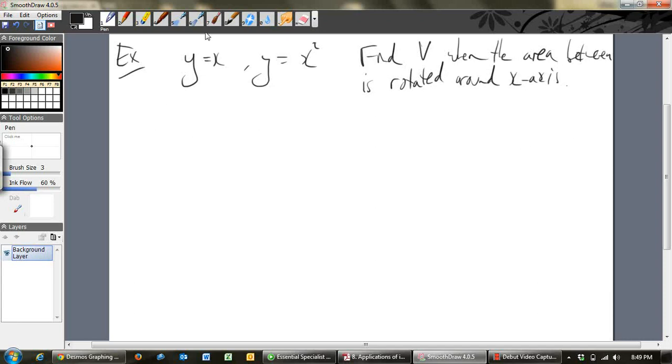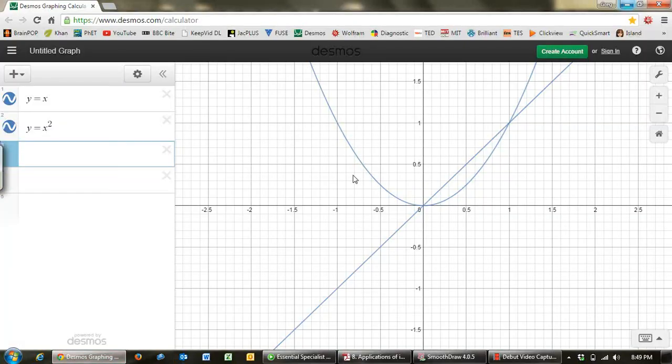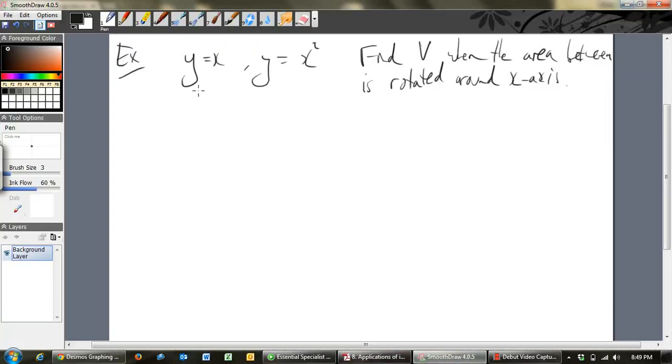We'll just plug it into the formula. I know where these two meet, I'll show you quickly. These meet when x is equal to 0 and x is equal to 1, so there's the area we're talking about. A quick sketch of that.